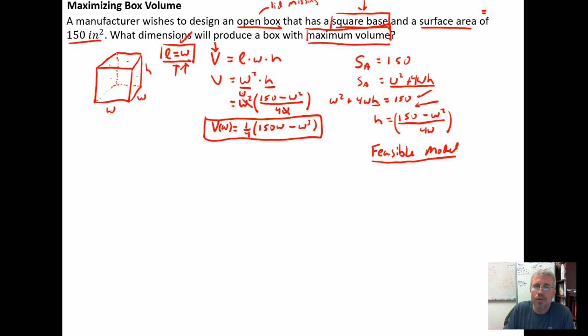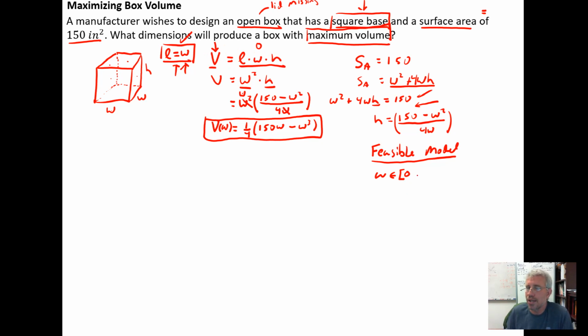So we could say, what if we make a really stupid box and we say the smallest the width can be is 0. It'd be a dumb box. It'd be 0 by 0 by height. In fact, the volume, because volume equals length times width times height, if we let the width be 0, the volume of the box would be 0, because we'd have this kind of degenerate box.